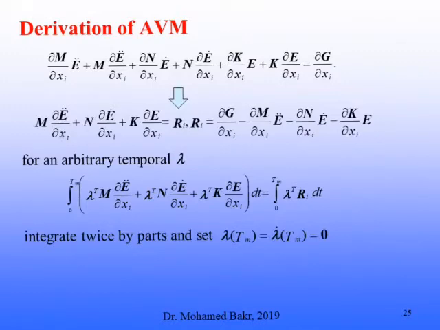So we're going to do integration by parts twice, and we are going to impose the condition that the vector lambda has zero terminal values and zero terminal derivatives. So we don't impose initial conditions for lambda, we impose final conditions for lambda.